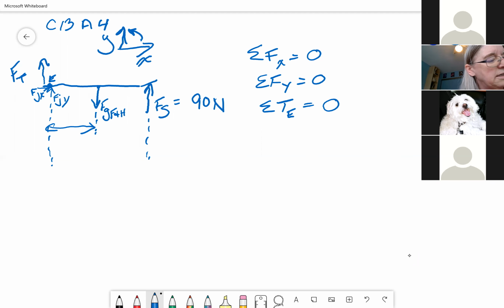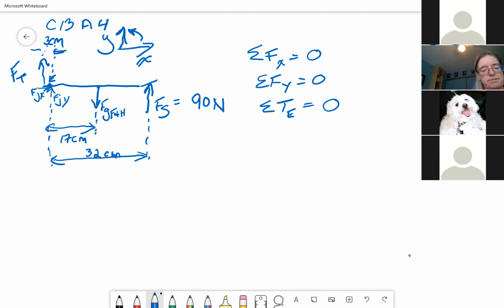So this is 17 centimeters. This is 32 centimeters. And this distance is 3 centimeters.